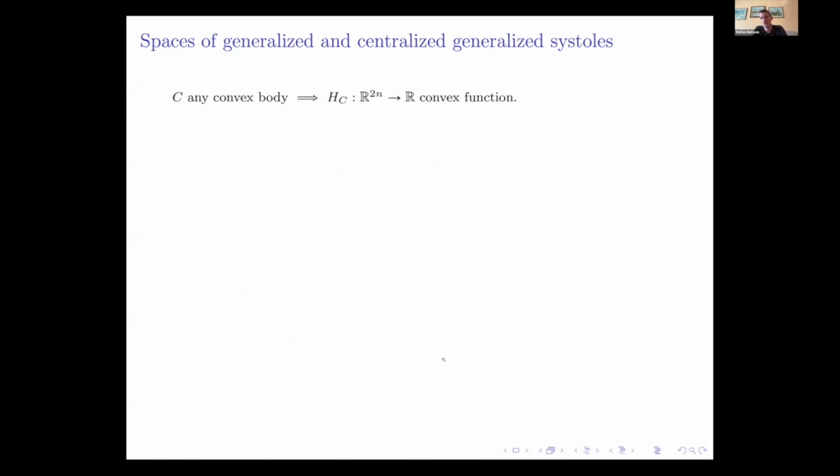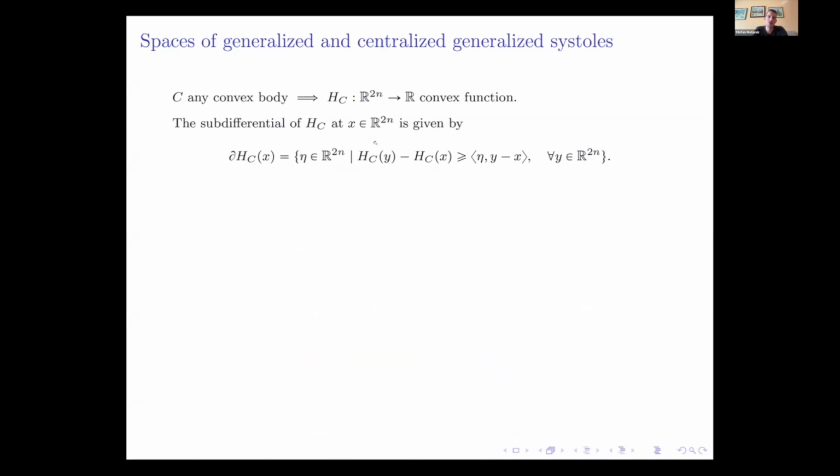But also, if they are not differentiable at some point, there is still the notion of subdifferential. So the subdifferential at some point is given by this inequality here. And it's always a non-empty convex compact subset. And if the function is differentiable at a given point, then this is just a set which contains basically the gradient.